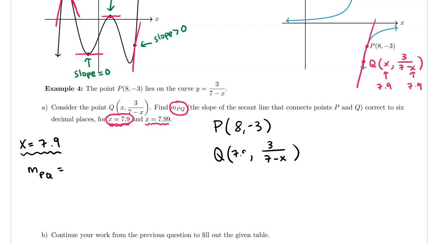So if I put 7.9 here, and also here, 3 divided by 7 minus 7.9, I can simplify that as a number. So let's throw that into our calculator. I went ahead and threw that into my calculator, and that is equal to -3.3 with a bar over it, which means that the 3 repeats forever after the decimal place.